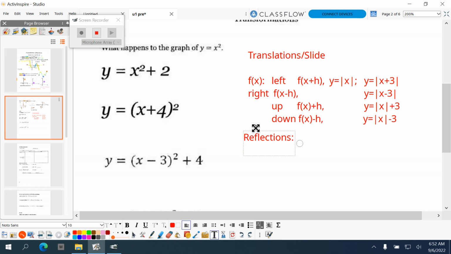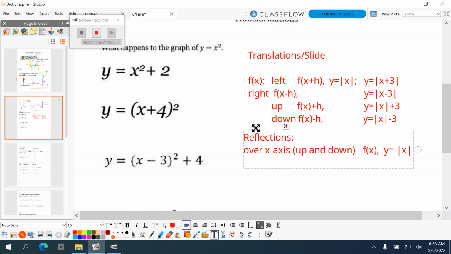So with the reflection over the x-axis, or I might say up and down, sometimes it's just going to be negative f of x. Right? We flip it over. If I were going to do the equation absolute value of x, then it would be y equals negative of the absolute value of x.